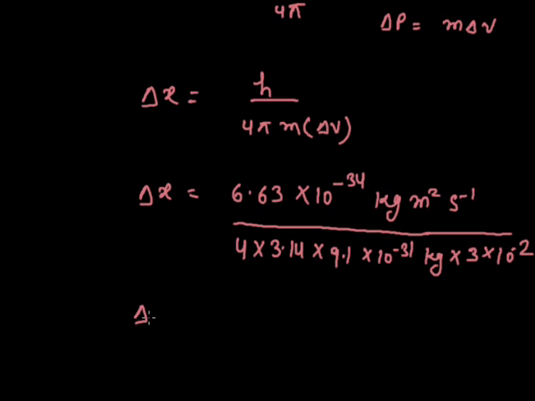So the value of delta x will be 1.93 into 10 to the power minus 3 meter, and it will be our final answer.